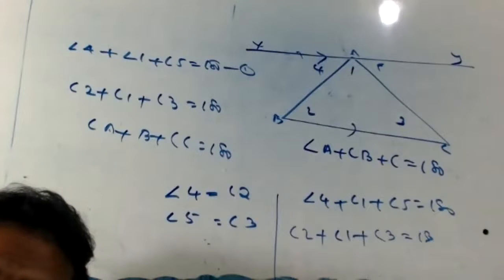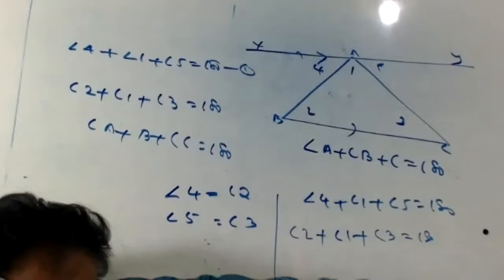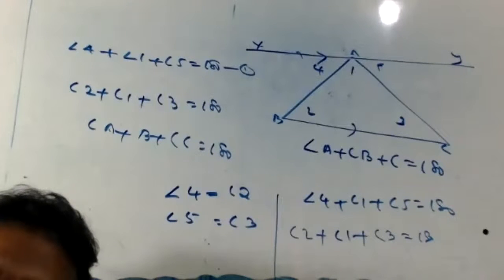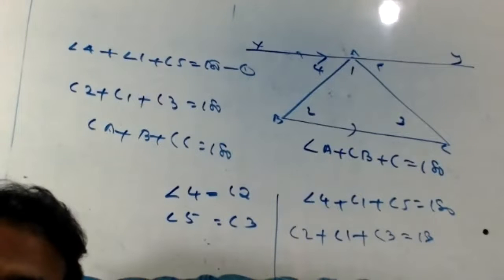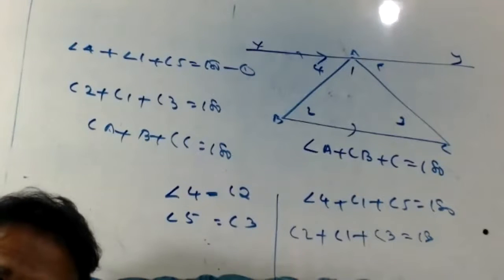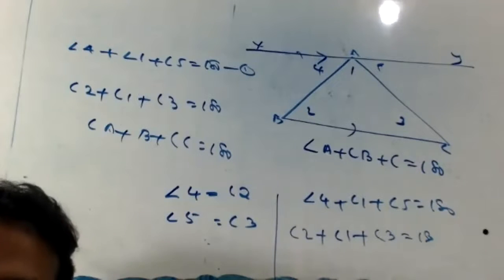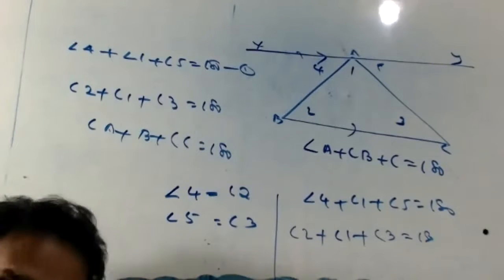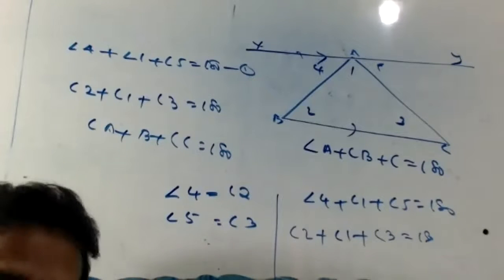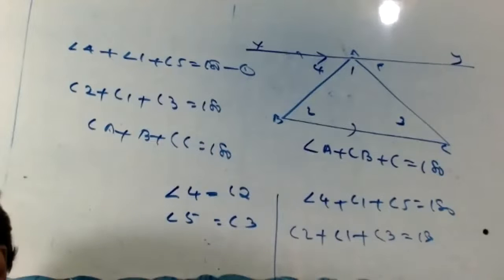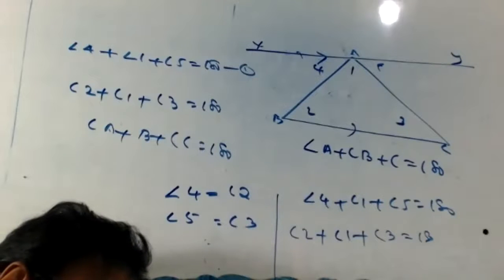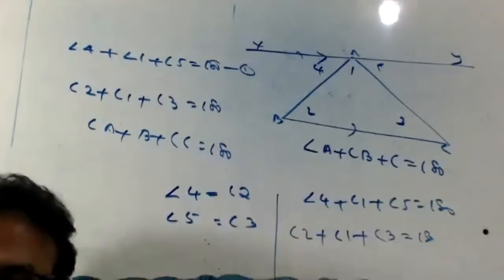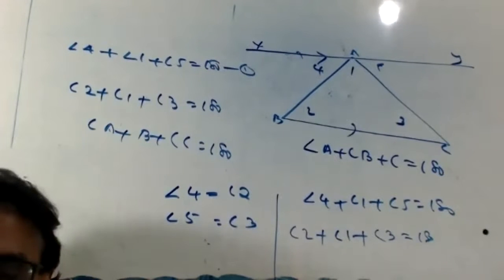Okay, next one. If the angles of a triangle are in the ratio 1 is to 2 is to 3, find the angles.